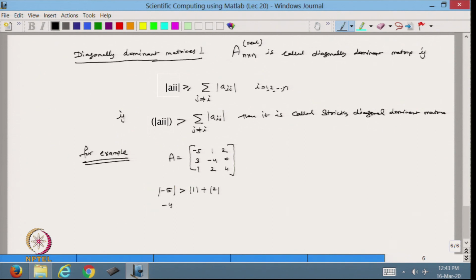The next is minus 4, so its magnitude is greater than 3 plus 0. The last, 4, is greater than 1 plus 2. So, this is true, then I will say that this is a strictly diagonal dominant matrix.